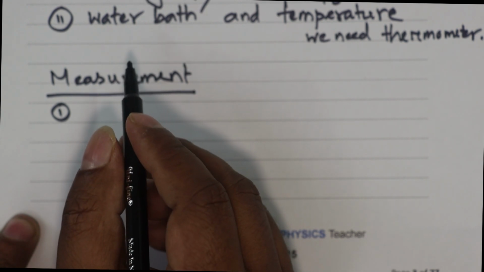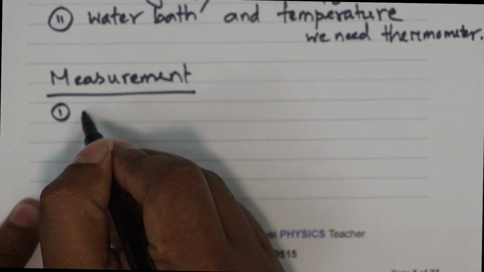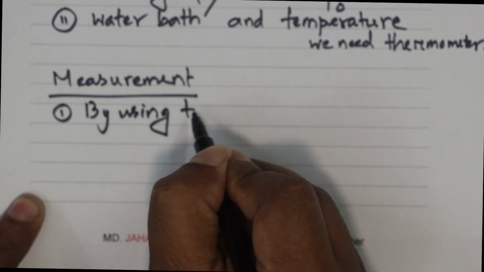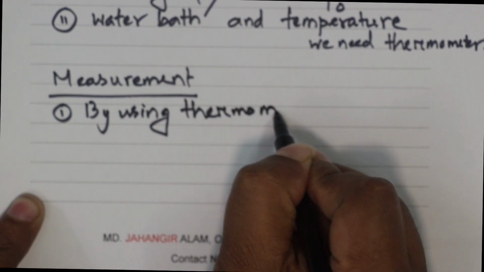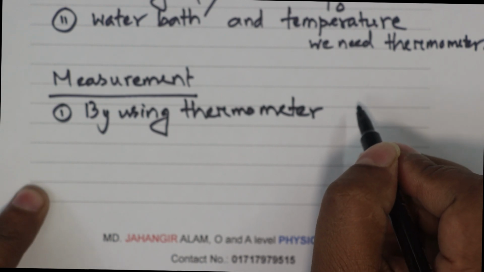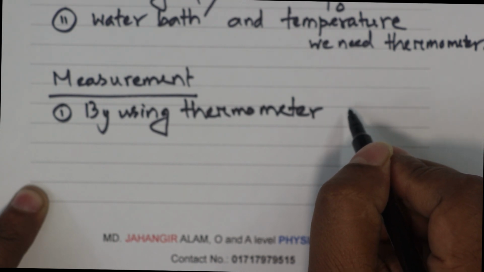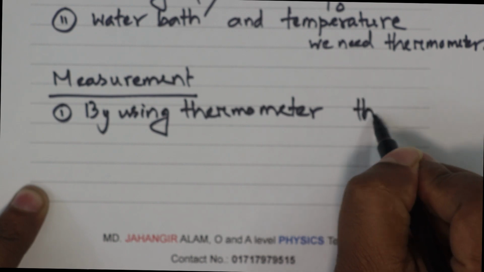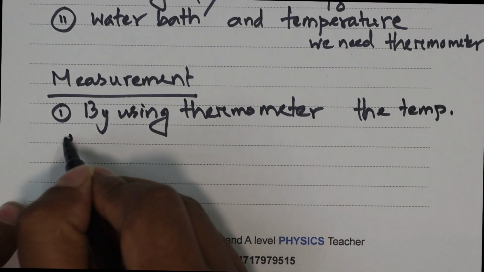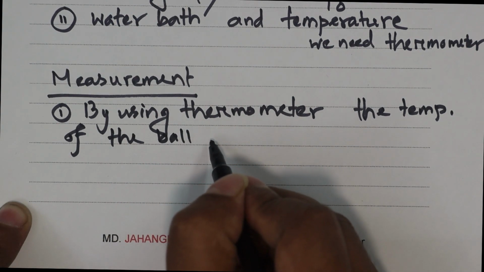Number 1, using a thermometer, the temperature of the ball at the different temperatures tested.